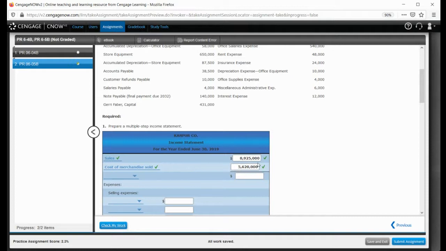The difference between your major form of revenue, your sales, and your major expense, the cost of merchandise sold, gives you what we call a subtitle, which is called gross profit. And the gross profit amount is determined by subtracting the cost of merchandise sold from the sales.